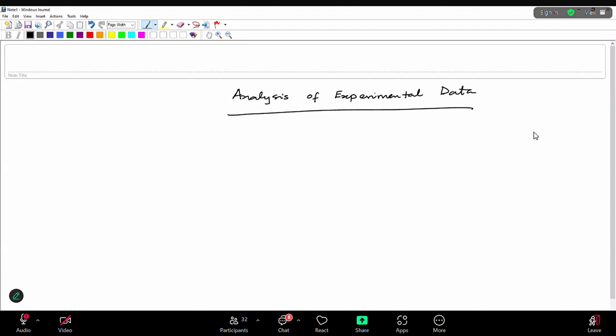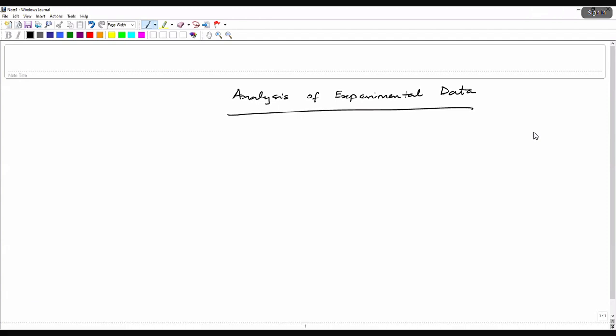So let's say you are measuring the temperature of a surface. How do you define error? Typically, error is defined as the difference between the measured value and the true value.